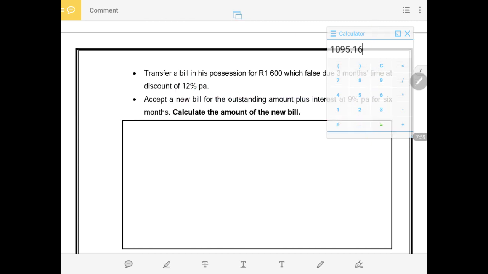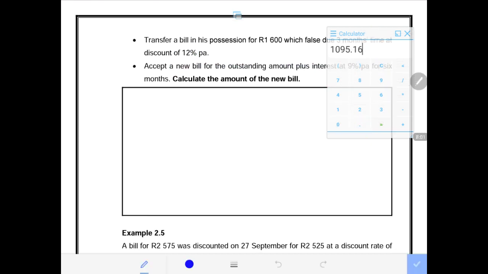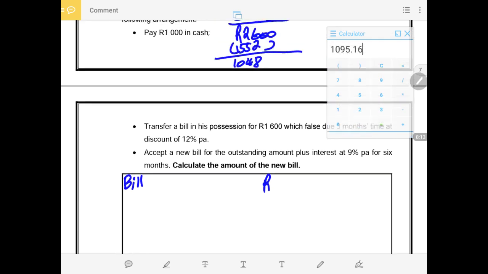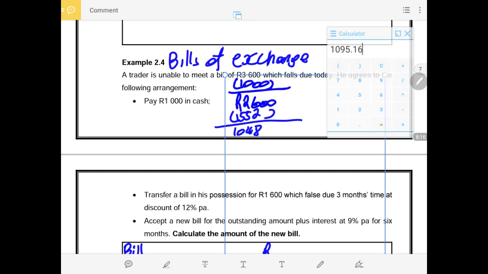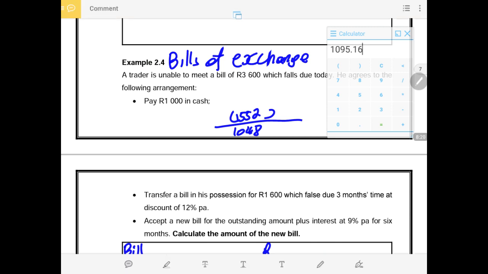So we're just doing a random skeleton. Now we have the bill that is owing, meaning the amount that is owing, and the bill that is owing is a bill of 3,600 rands, to my remembrance. Yes, he owes a bill of 3,600 rands.